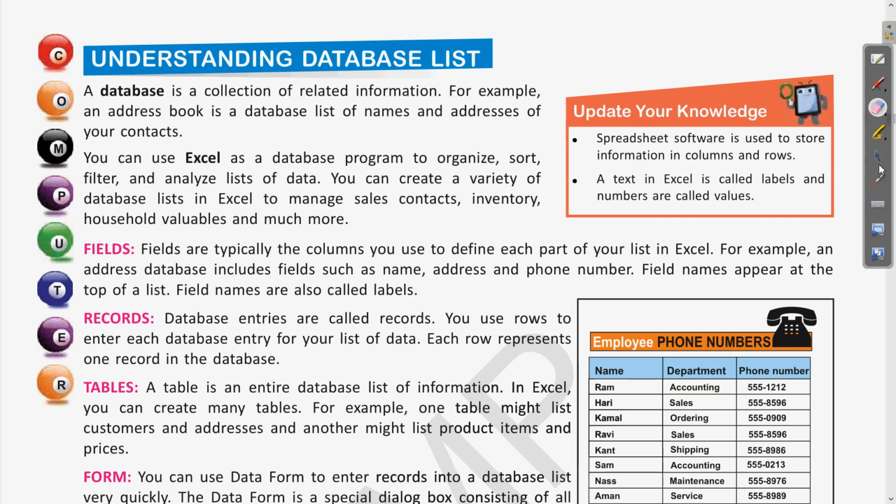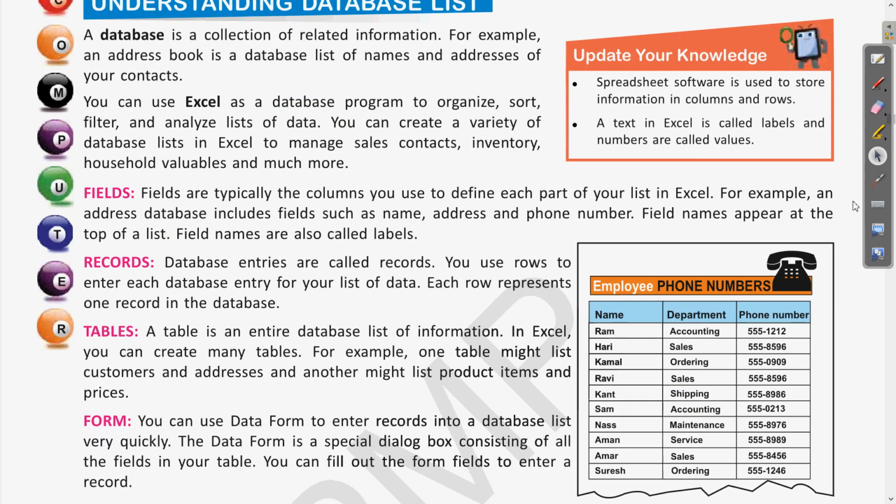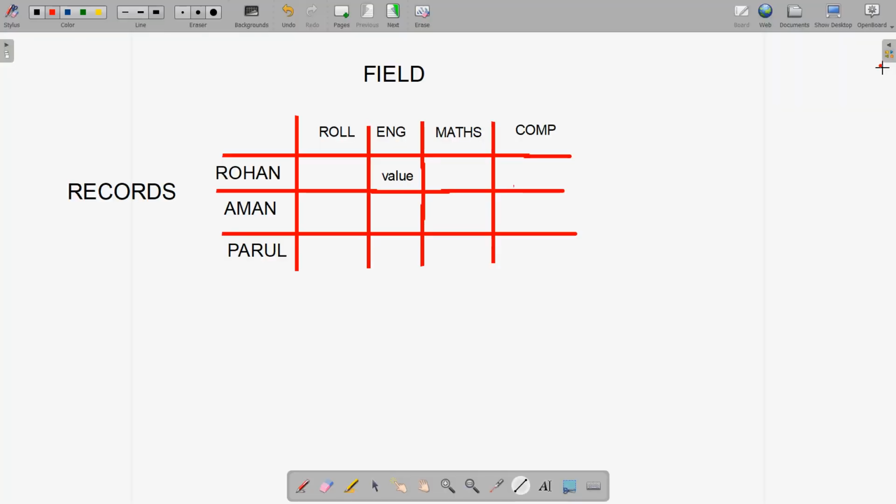So let us quickly revise that also. What is a field? A field is a column in a database. The field name appears at the top of the list, and field names also have a label. If I show you here, this is a database, or you can say a table.